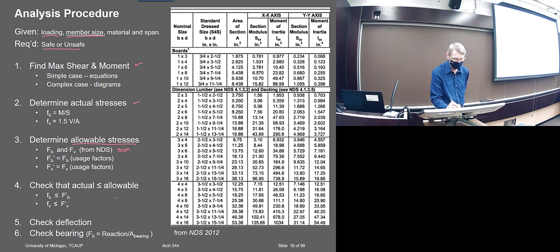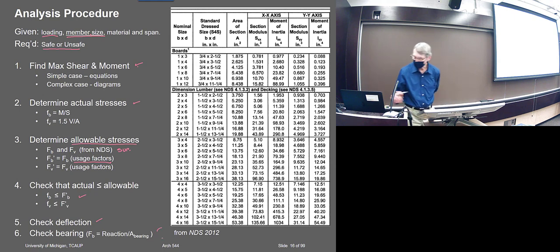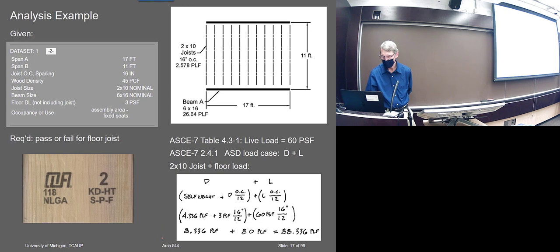And then we simply check to make sure that, with the usage factors put on there, the factored allowable exceeds the actual stress. Then you can check deflection if you want, or bearing would be the other things you might check. Okay, so here we go.